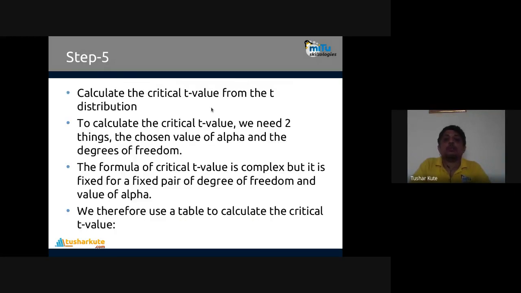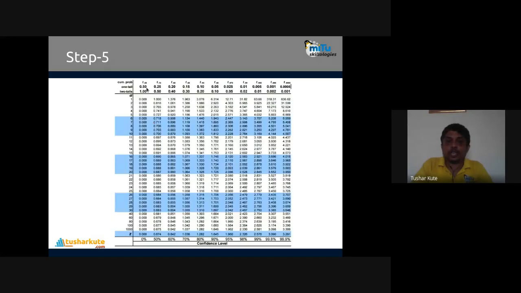So whatever operations you do, the critical T values from the T distribution are calculated. You can see the values: 0.5, 0.75, 0.8, 0.85, 0.90, 0.95, 0.975, 0.99, 0.995, 0.999, and 0.9995. You go on increasing this value, and accordingly you identify these populations.